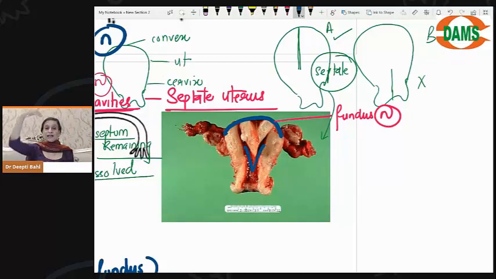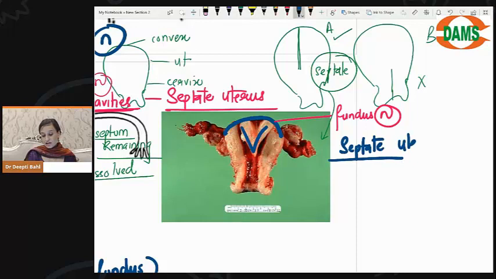In between the two cavities, the septum is hanging from the fundus. So this type of Mullerian anomaly is called a septate uterus.